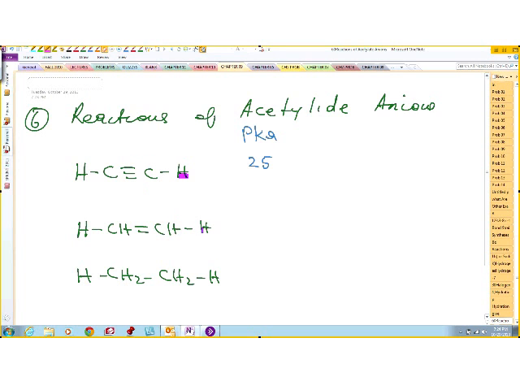Whereas the pKa for the hydrogen attached to the carbon-carbon double bond is about 40. And the pKa of the hydrogen attached to an sp3 carbon is about 60. So what this tells us is that this hydrogen here is a lot more acidic than all of these other hydrogens here.